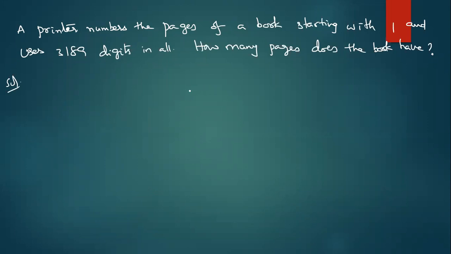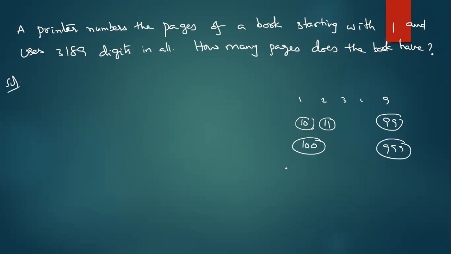Second page, 1 digit. Up to 9, single digits. After that, 10 has 2 digits, up to 99. Then 3 digits up to 999. After that, 4 digits. So we are using 3189 digits.